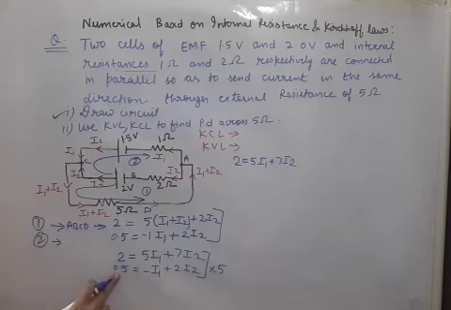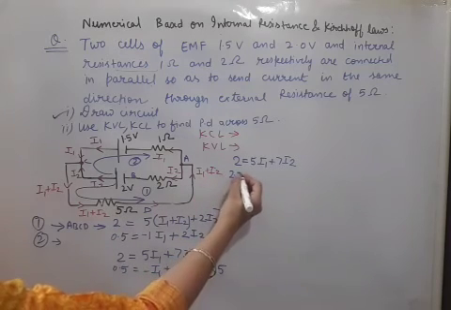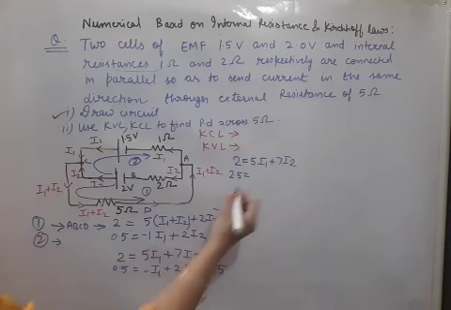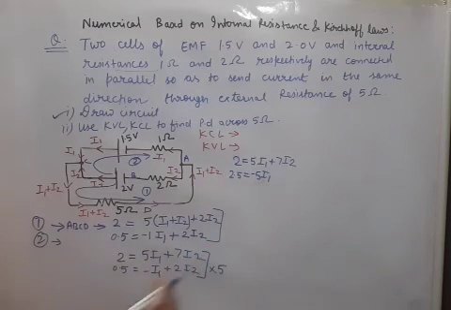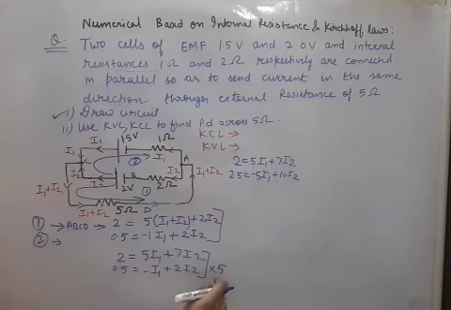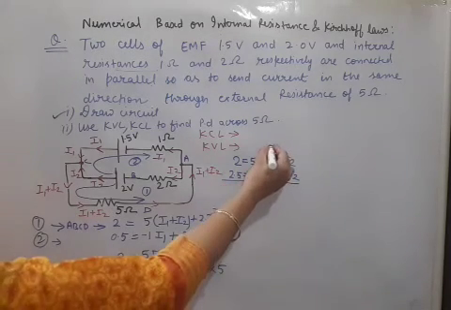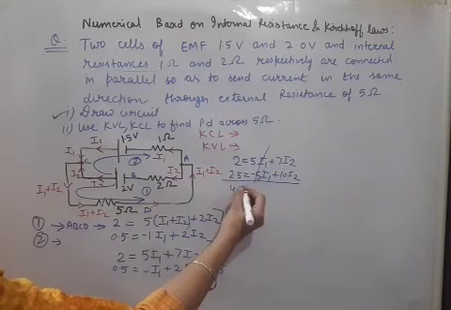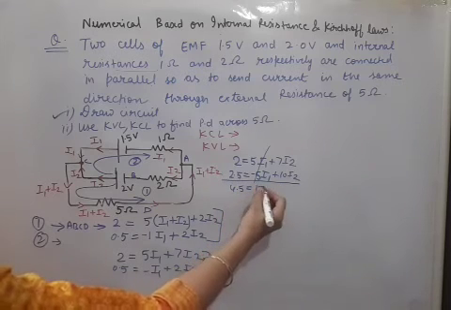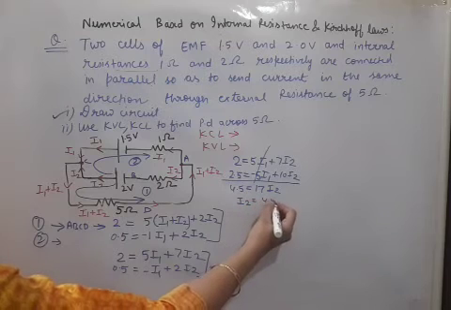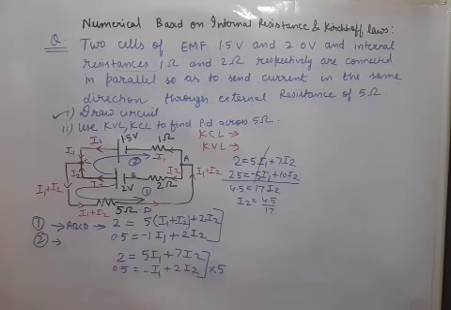Now the second equation: after multiplying with 5, this will become 2.5, this will become minus 5I1 and this will become 10I2. We will add the 2 equations so that this term gets cancelled. 5I1 and minus 5I1 is 0. So here it will be 4.5 and here it will be 17I2 after adding. So I2 we are getting as 4.5 upon 17 ampere.